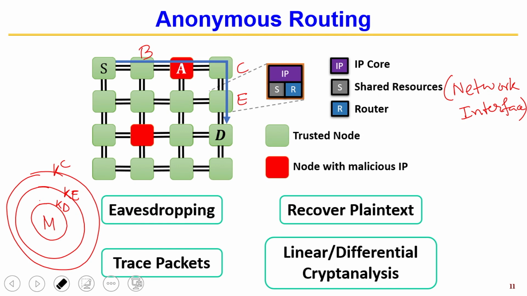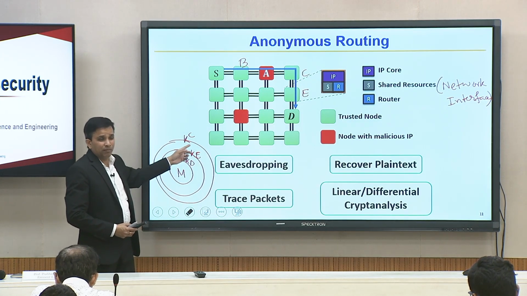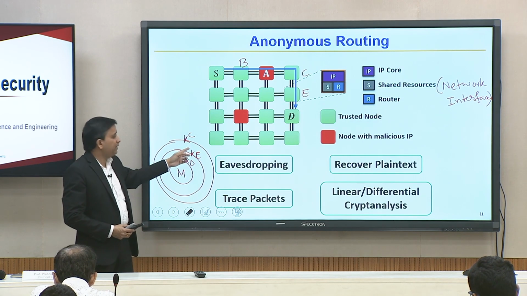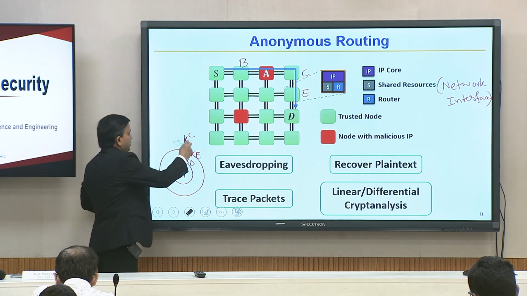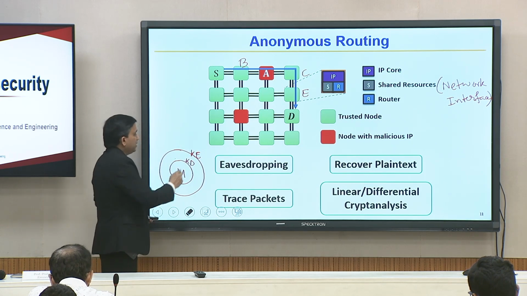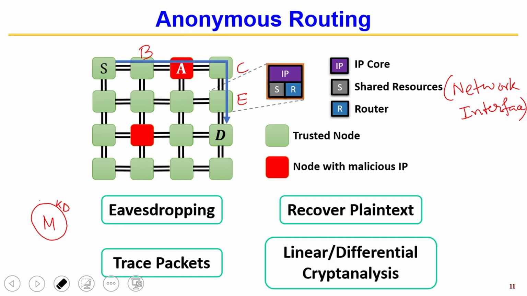A does not know what the message is, because A cannot open this layer unless it is able to compromise C and find the private key of C, right. So, then it goes to C, C opens this layer, then it goes to E, E opens this layer, then it goes to D, D is the only one who can open this layer and then know the message M. This has huge overhead.